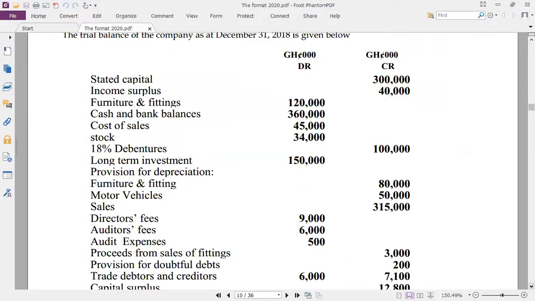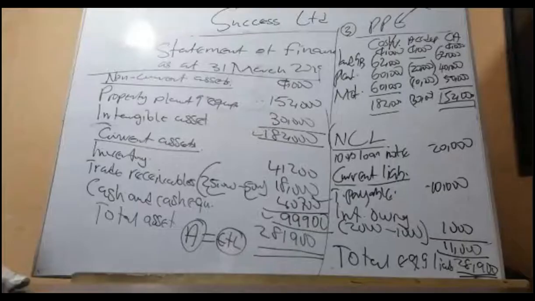I'll add them to this and bring it back. Next week, I'm starting the footnotes, how to treat the footnotes. But before we start, make sure you balance one of these questions. This one is empty, so balancing it is not a big deal. When we add a footnote to it, it will be more challenging.